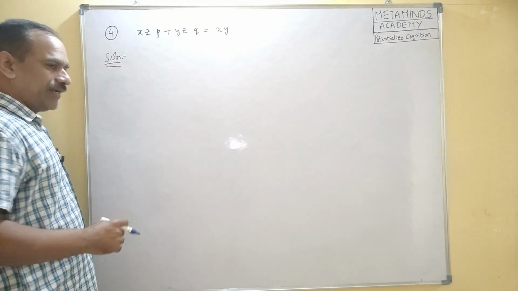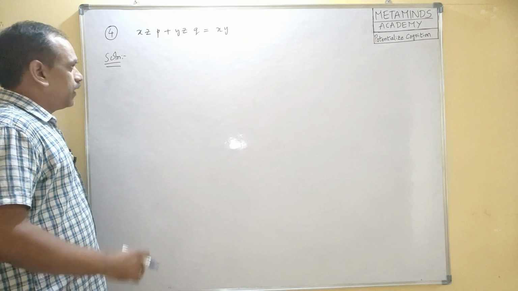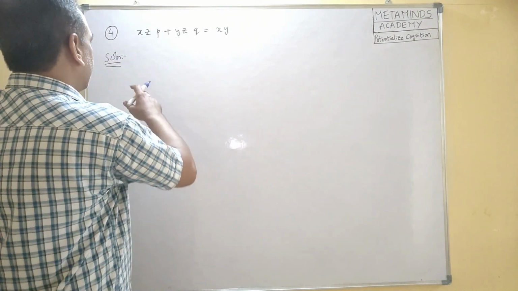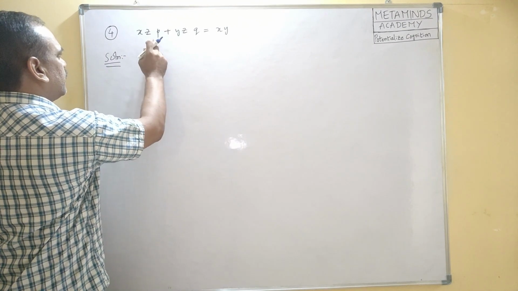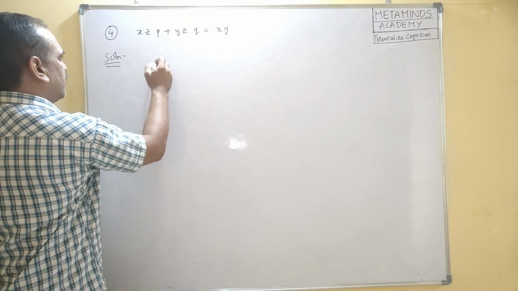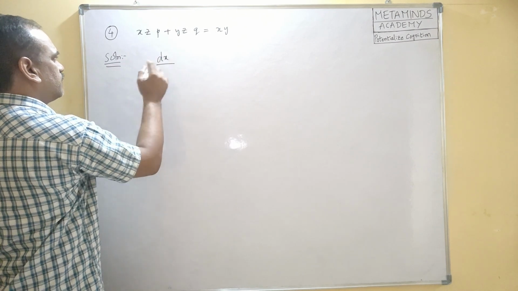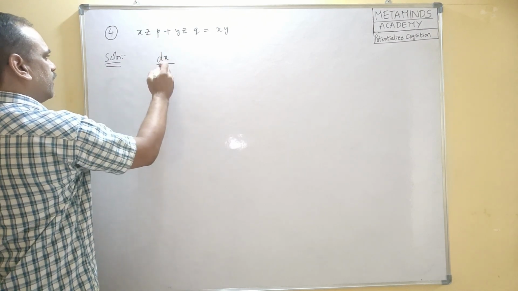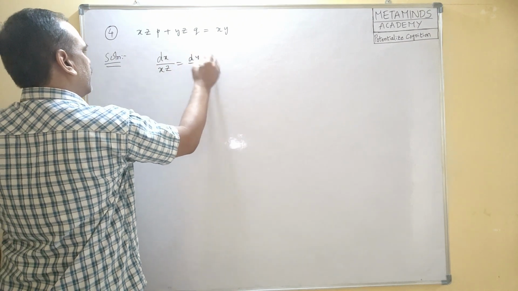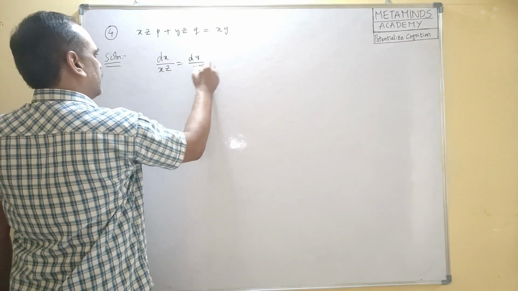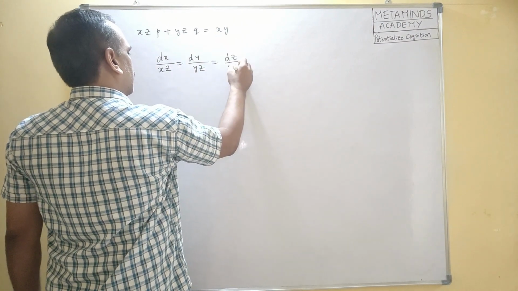I am trying to solve different types of problems, and this belongs to another type. Here the coefficient of p is xz, so I am directly writing the auxiliary equations dx by xz equal to dy by yz equal to dz by xy.